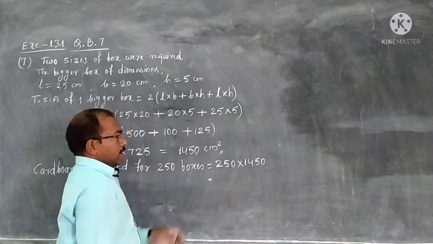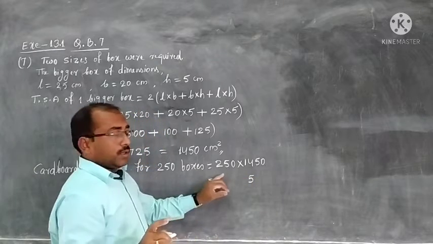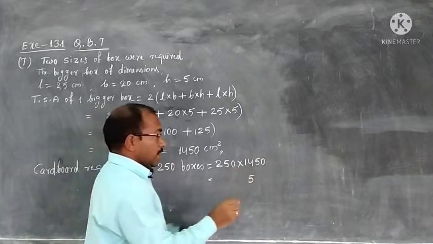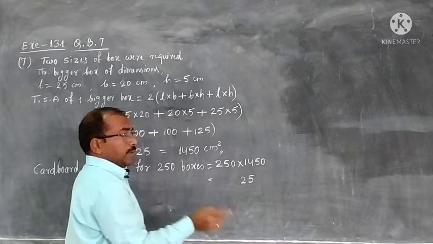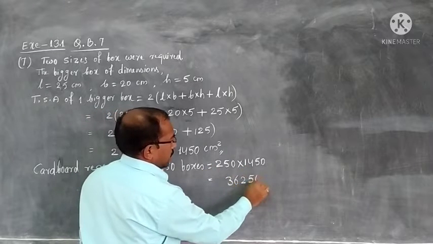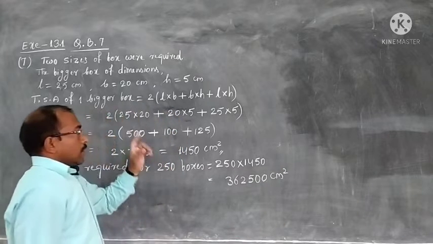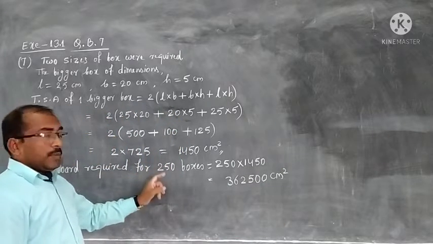We multiply: 25 fives are 125, 12 remaining; 25 fours are 100 plus 12 is 112, 11 remaining; 25 ones are 25, 25 plus 11 is 36, and 2 zeros. So, these bigger boxes we will make 250.